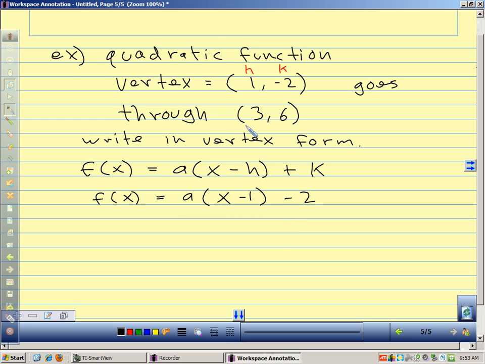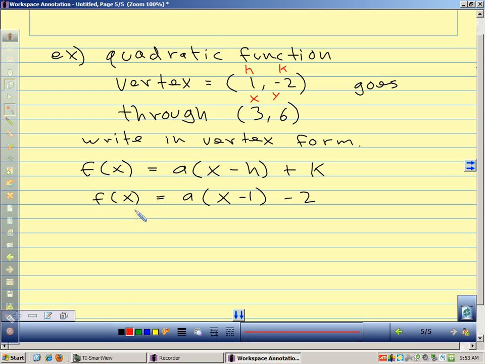This point 3, 6, what does that tell us? What would that let us do with this function? What could we do with that 3 and the 6? Anybody have an idea? The 3 is an x value, and the 6 is a y value, right? So this is x and y.